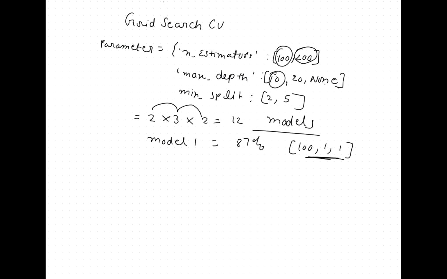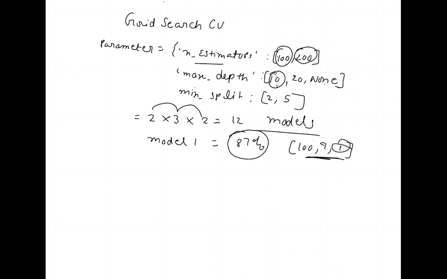I'm just pointing out random values. This is not the actual value, but I'm just telling you it can be. When it gives you the 87% accuracy, this is the combination it has used: number of estimators 100, maximum depth 10, and minimum split only 1, because it is picking up every combination.